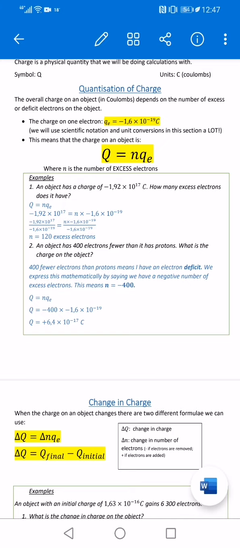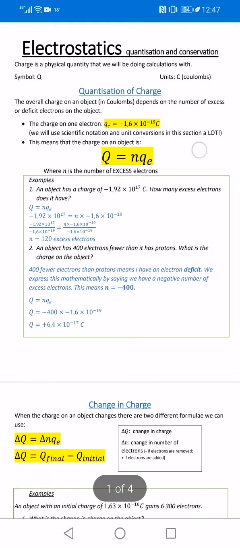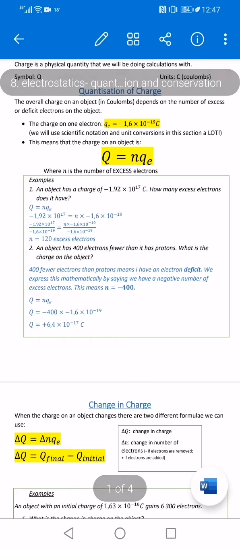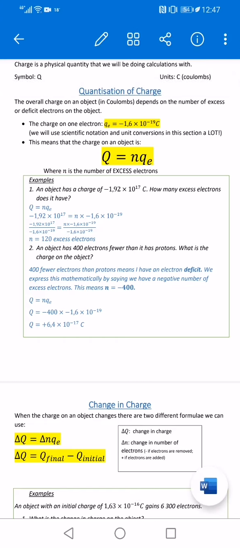If we have deficit electrons, then n should be negative. So excess electrons would be if n is a positive number. n refers to the number of excess electrons. So if I have 5 excess electrons, n would be 5. But if I have 5 electrons in deficit, i.e. I have 5 more protons than I have electrons, then n would be negative 5.